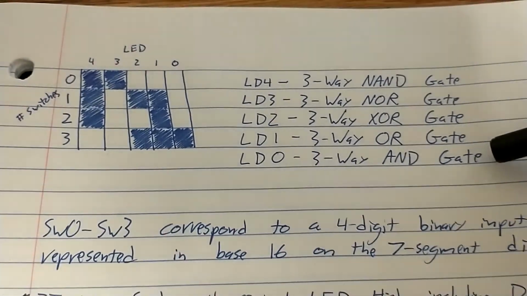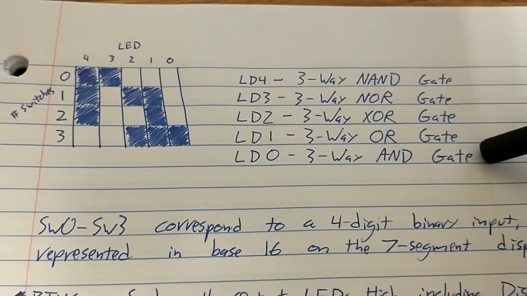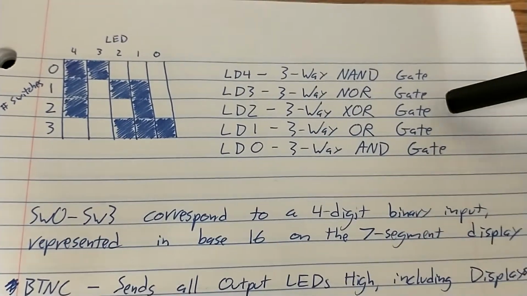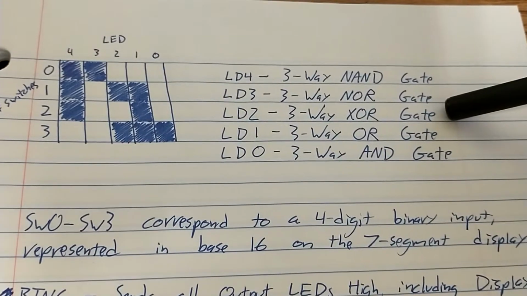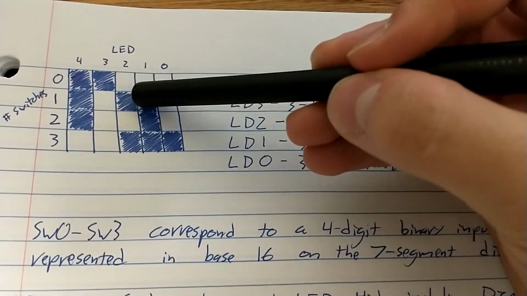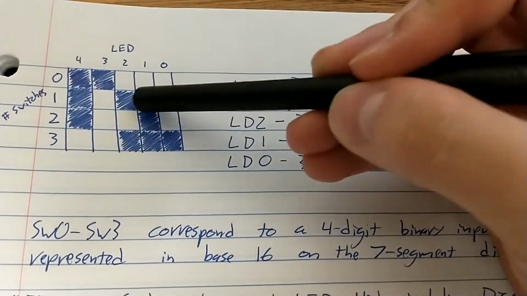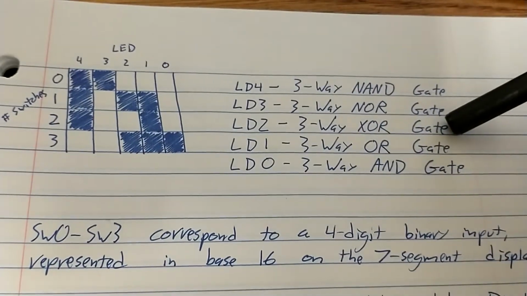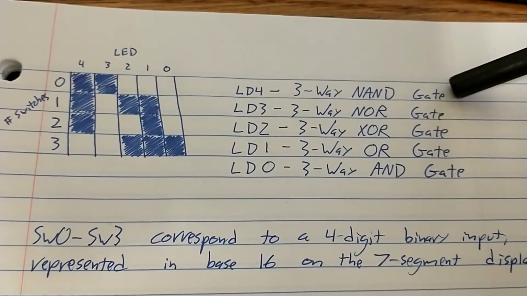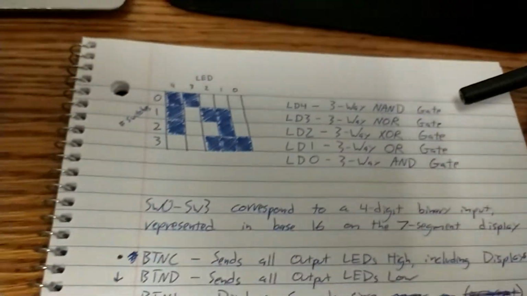And so LED 0 seems to be tied to a three-way AND gate, LED 1 to a three-way OR gate, LED 2 to a three-way XOR gate, which gives you that only on with odd numbers of inputs. And then LED 3 is tied to a three-way NOR gate, and LED 4 to a three-way NAND gate.